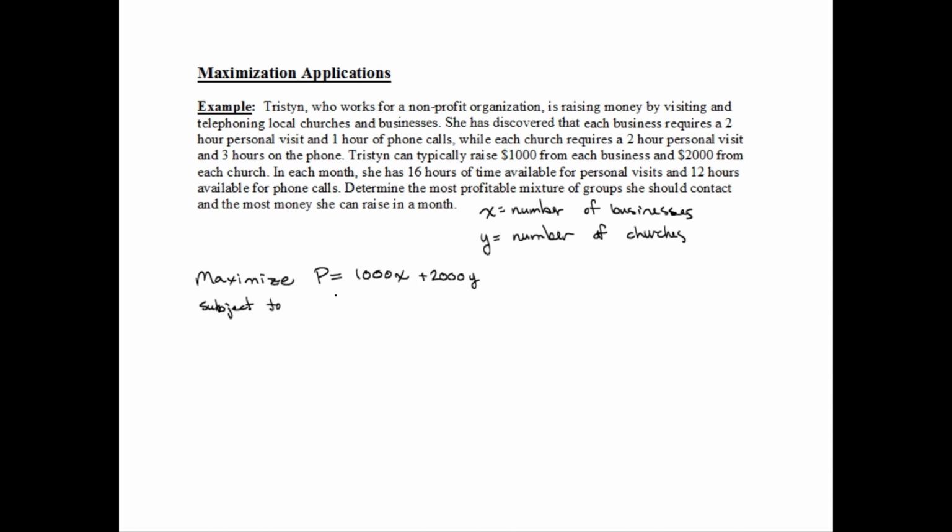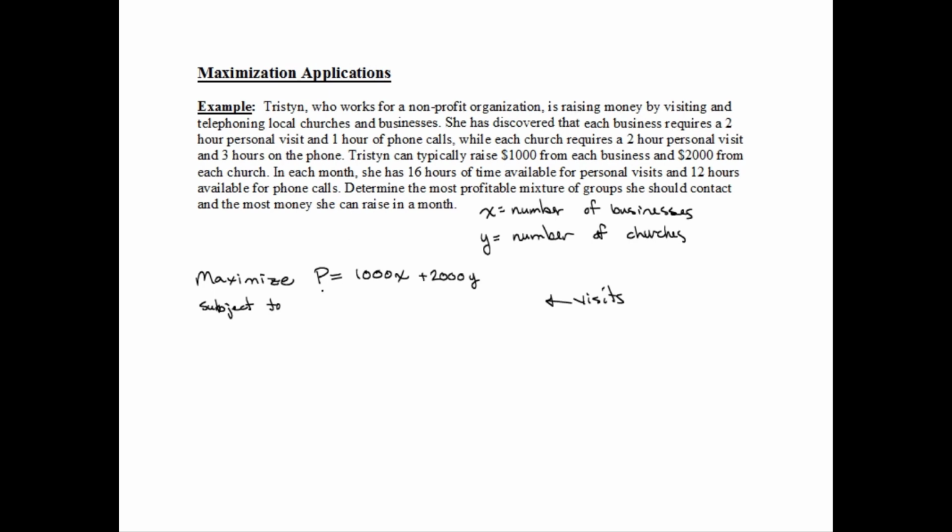What are our constraints? Well, we only have a certain amount of time available each month for visits and for phone calls. So for visits, let's write that one first. How many hours are going to be spent making visits?